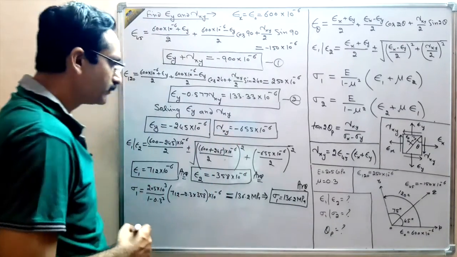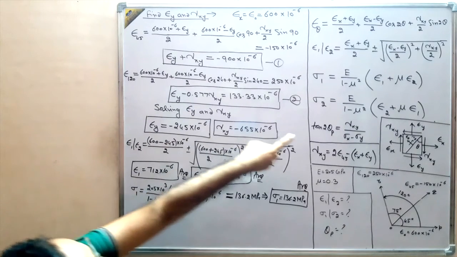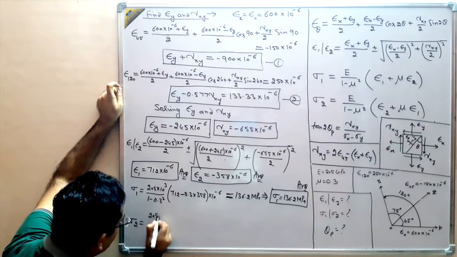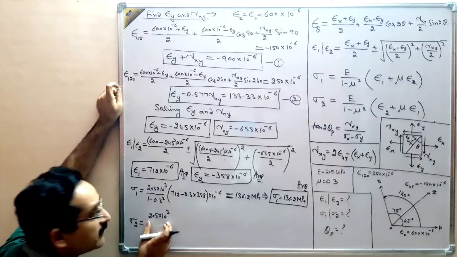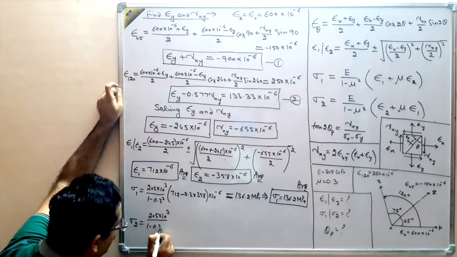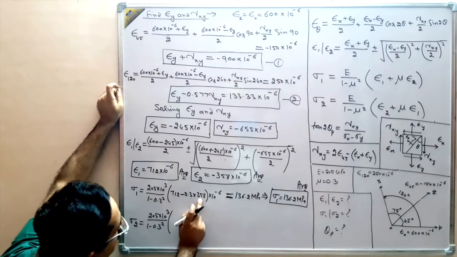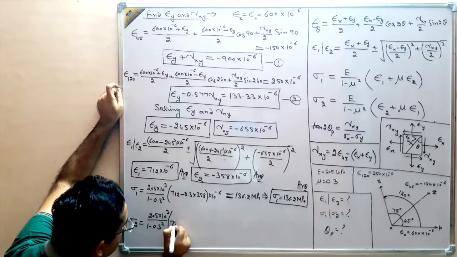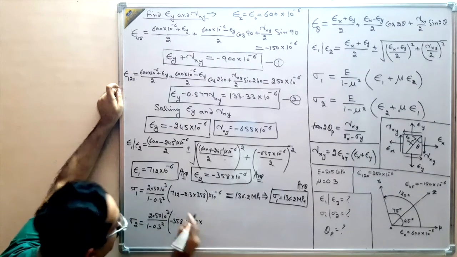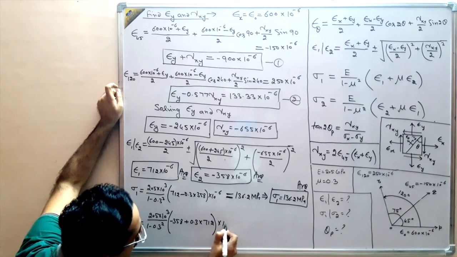How to find out sigma 2? Sigma 2 will be equal to E by 1 minus mu square. E is 205 multiplied by 1000, so that we can get the answer in megapascal. E by 1 minus mu square, where mu is 0.3, multiplied by epsilon 2, which is minus 358, plus mu multiplied by epsilon 1, which is 712, into 10 to the power minus 6.